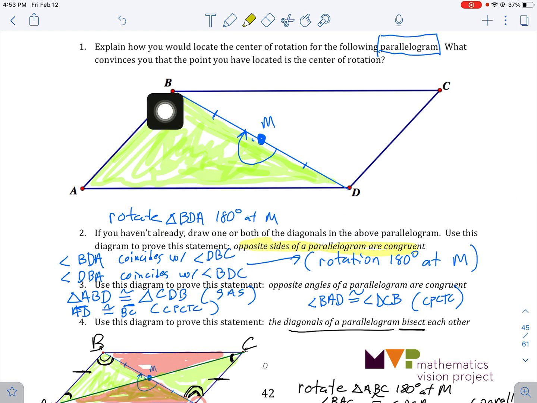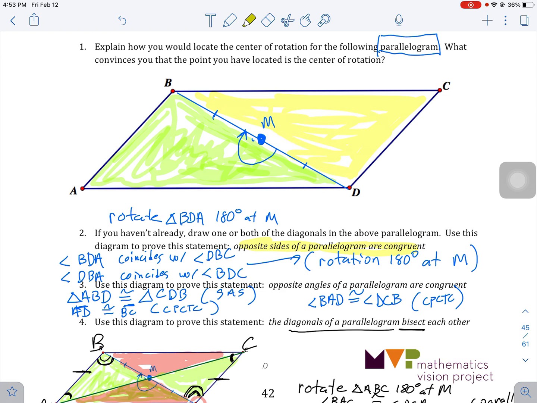So we start with this triangle ABD. It's in green, and we're going to rotate it 180 degrees at point M, which is the midpoint of BD. Now once we have done that, then we will end up with this triangle BDC.